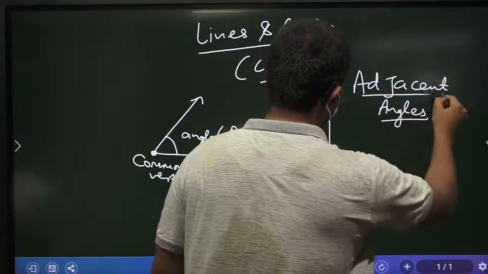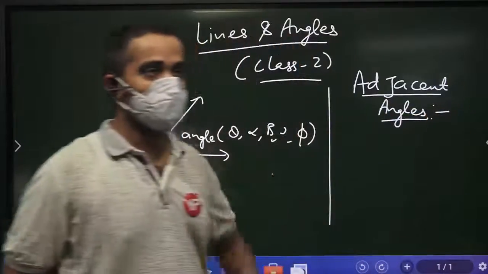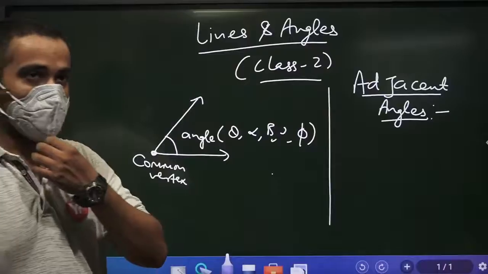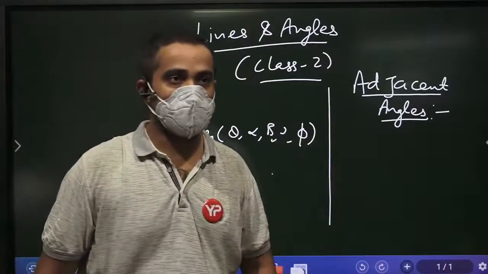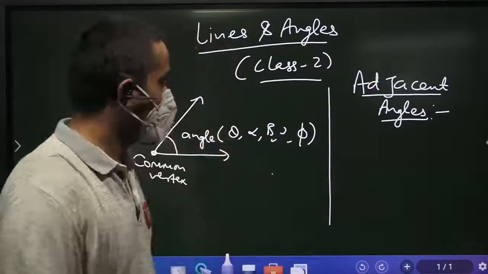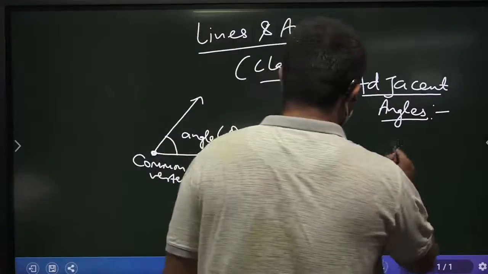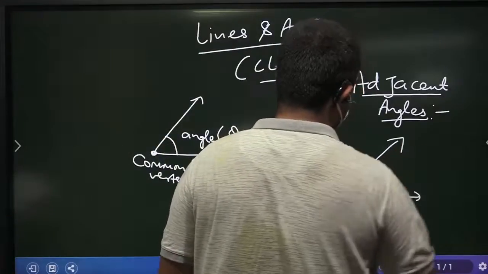Adjacent means neighboring, right next to, left or right. Adjacent means the angle next to it.